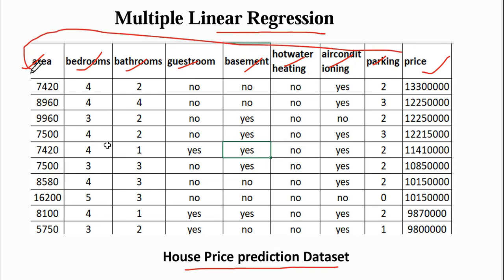Okay, the price of the house depends upon these features. That's why these features are called independent features or predictors. The price is called the dependent feature or target variable, or output variable. Clear? So in this case we are applying multiple linear regression.